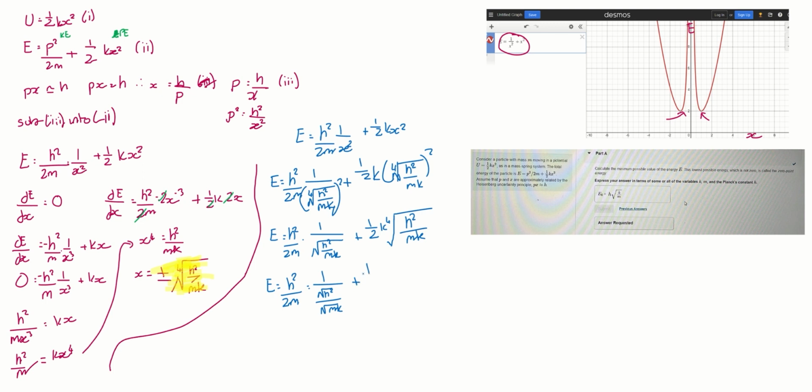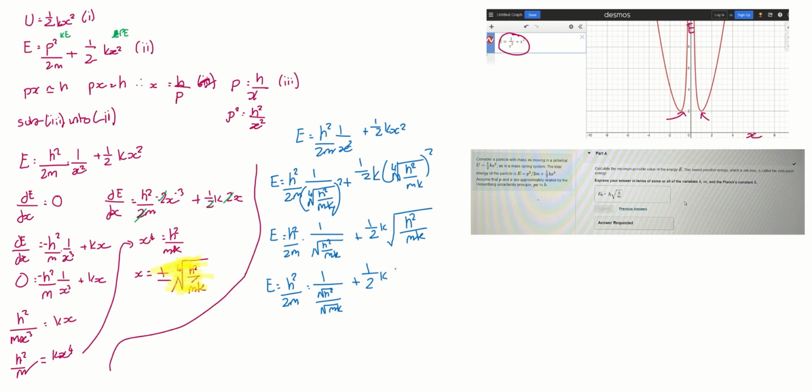Plus a half k. That's not k to the 4 up there. What have I done there? Oh yeah, so that becomes that k. I don't know why I put that there. You can see I'm getting tired of this. Let's get rid of that. That shouldn't be there. Half k, let's double check. Yeah, h squared. Yep, everything's back to normal.